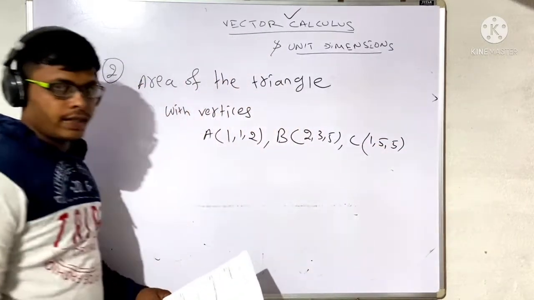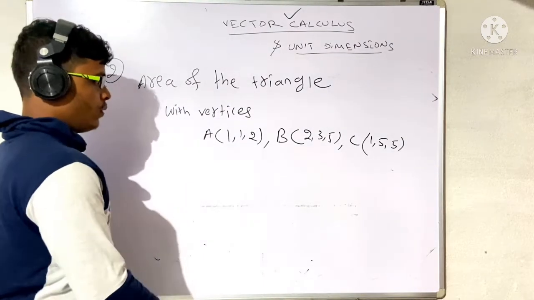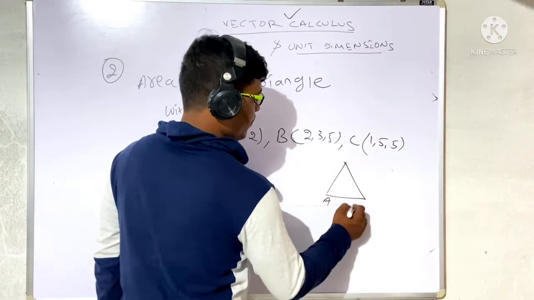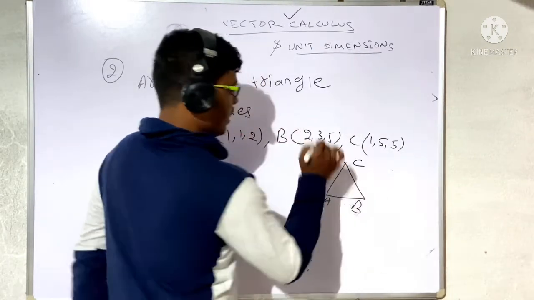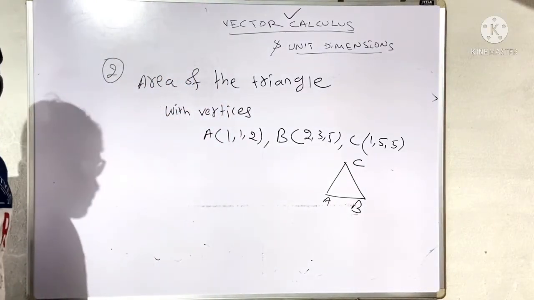So these are three coordinates given to you, and you have to find the area of the triangle. How will you find the area of the triangle?